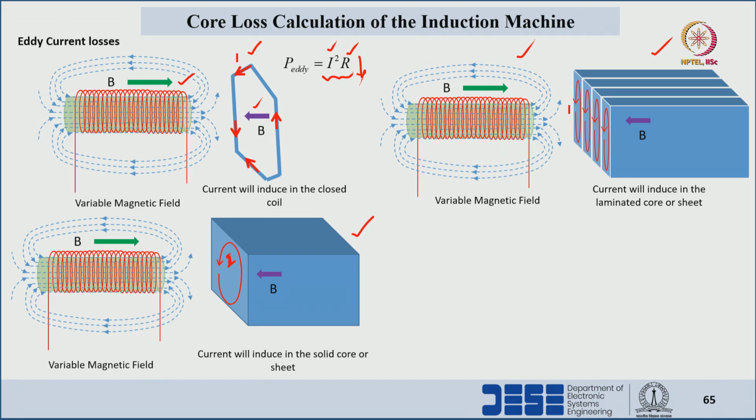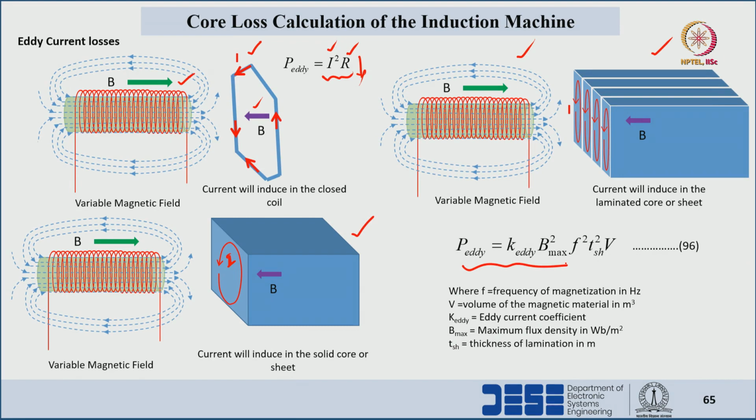Because of that particular reason, we see laminations in most electrical machines. This is the laminated stator core, and for each lamination we can see a small thickness value here. These are the laminations of the stator core.